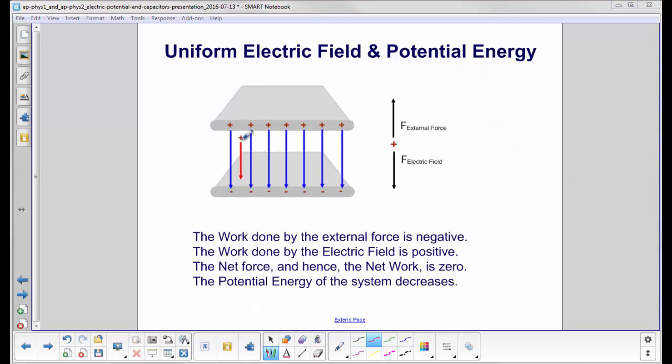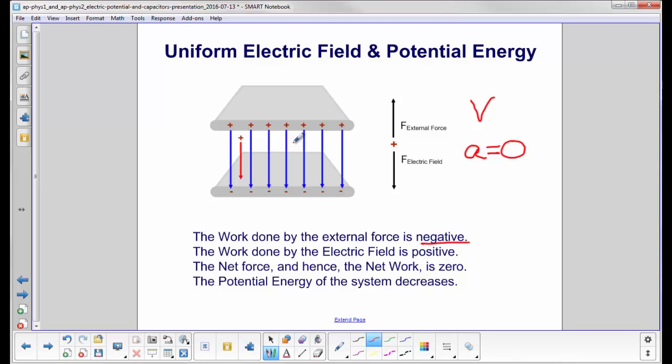Summarizing this case, where we have a positive charge moving down with constant velocity and an acceleration of 0, the net force on it will be 0. The external force will exactly match the electric field force, just in the opposite direction. So as the charge is moving down, the external force is in the up direction, so the work done by the external force is negative.